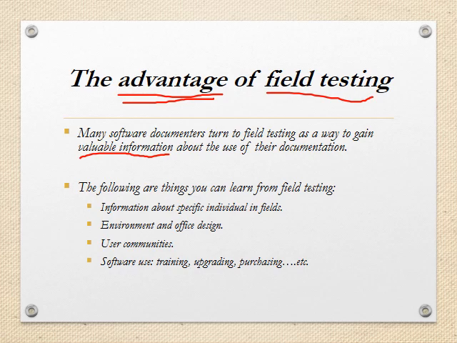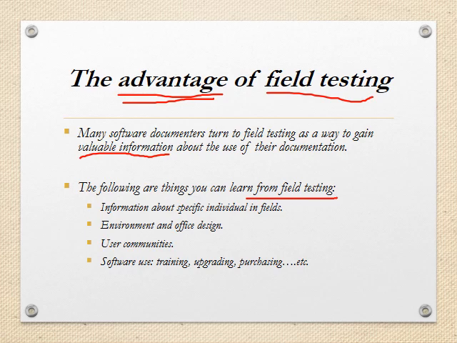Basically, it's a way to gain valuable information because we test the document in the user environment with the actual user. This is the best chance to get any information related to the effectiveness or usability of our document. The following are things you can learn from field testing.